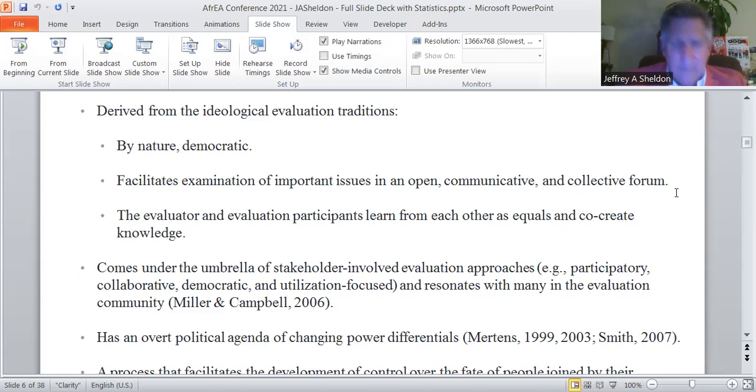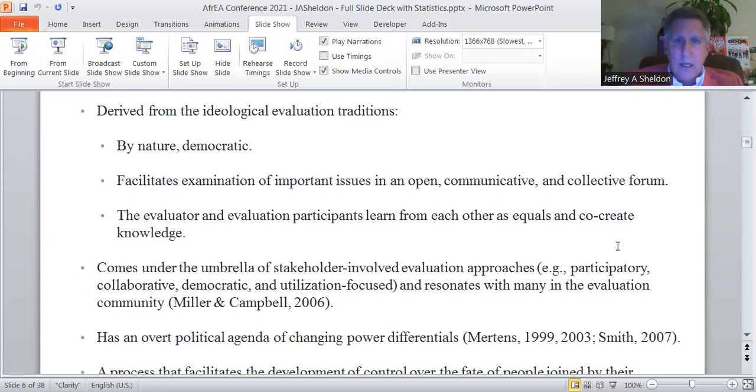And so the evaluator and the evaluation participants learn from each other. Okay, so again, as a social intervention, it's grounded in personal interactions, it's grounded in communication. The evaluator and the evaluation participants are equals, and they co-create knowledge together. So it's a mutually supportive endeavor.